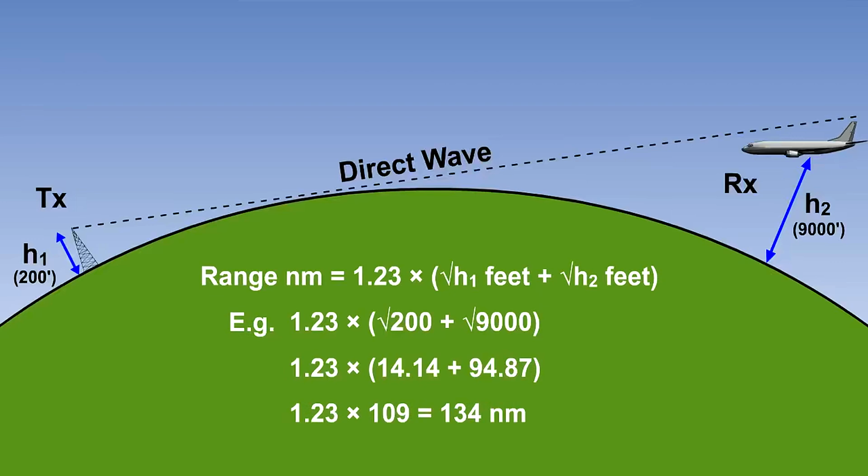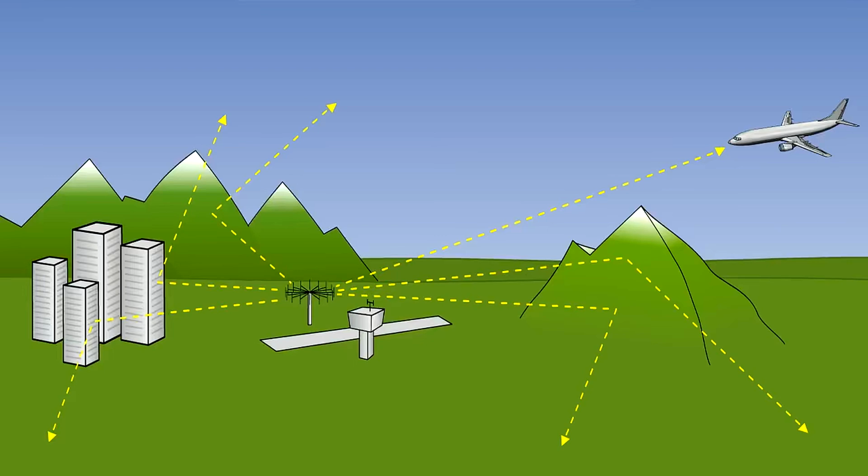So the higher the aircraft, the better. Intervening high ground will limit range, especially for low-flying aircraft in hilly terrain. High ground and buildings at the station may also reflect and distort signals.